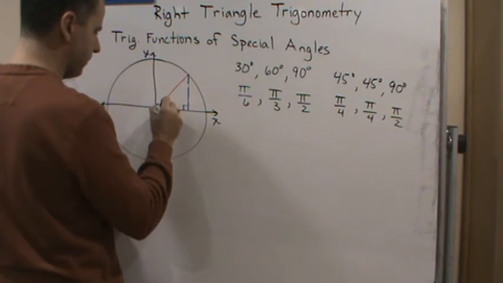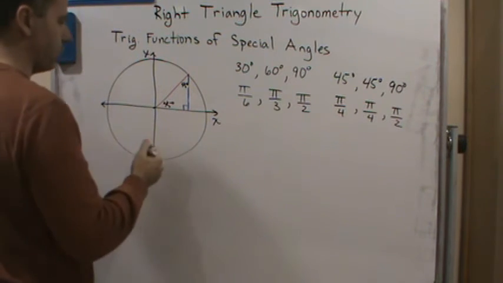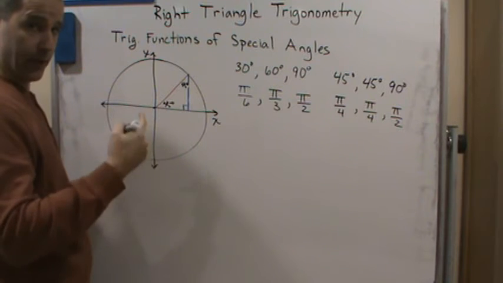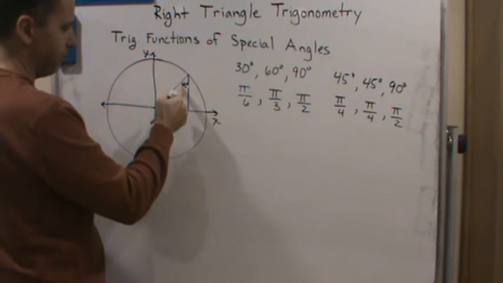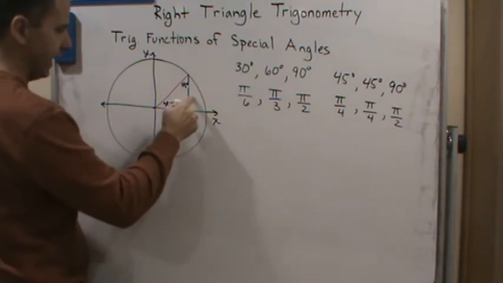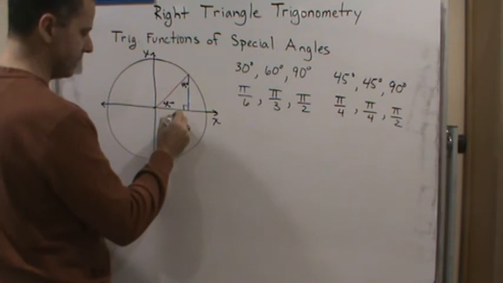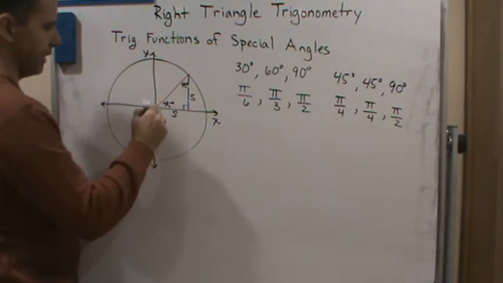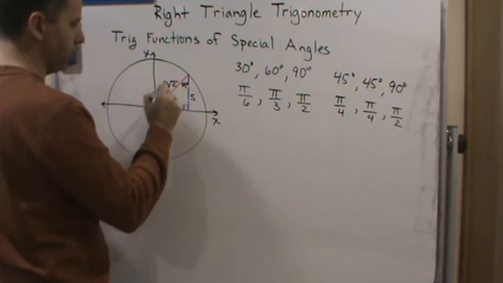Let's say this is 45 degrees and this is 45 degrees. Well, a 45, 45, 90 triangle is an isosceles triangle because the base angles are the same. And whenever the base angles are the same, the legs have to be the same as well, which means this is going to have length S, this is going to have length S, and then the hypotenuse is going to have the length S times the square root of 2.